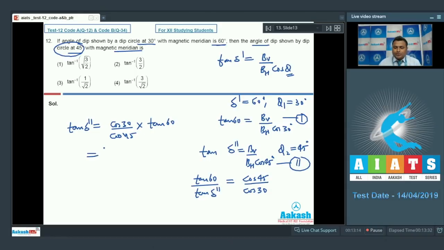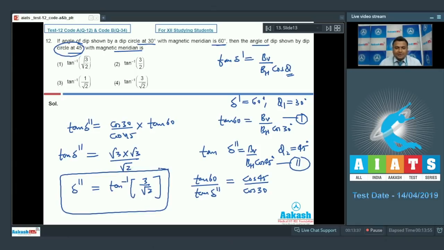Now putting the values of the trigonometric ratios, we will get tan delta double dash as root 3 into root 3 divided by root 2, so delta double dash is given by tan inverse 3 upon root 2. So this is the final answer we have got, and if you look at the options, we can say that option number 4 is absolutely correct.